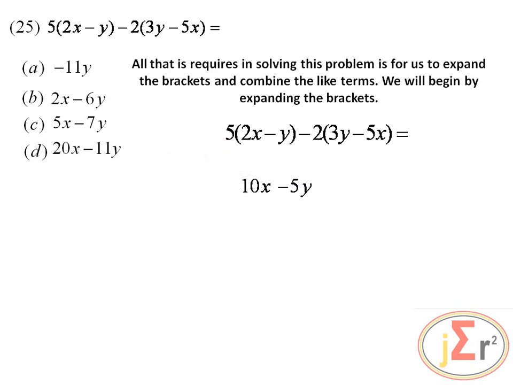We are finished with that first part of the expression. Negative 2 multiplied by 3y is negative 6y. And finally, negative multiplied by negative is positive, a positive 10y.